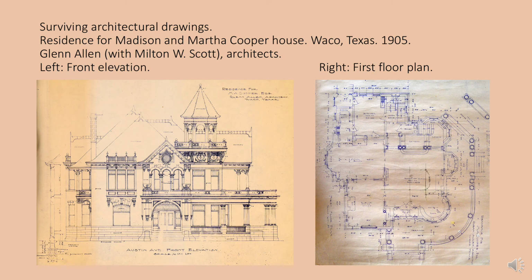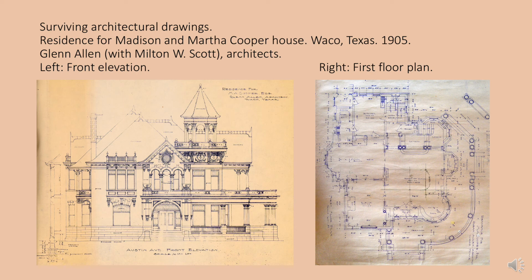An especially rare sort of architectural evidence, but it's great when you got it, is surviving architectural drawings. And that's what we have for the Madison and Martha Cooper house in Waco, designed by Glenn Allen with Milton W. Scott. And it's quite interesting because Glenn Allen signed it as a solo, but it's known that he and Milton Scott were working together and were soon to be working on the First Baptist Church and the Dr. Pepper plant.